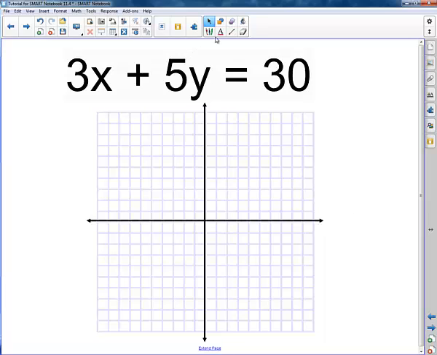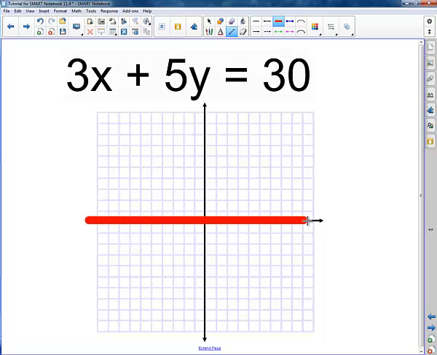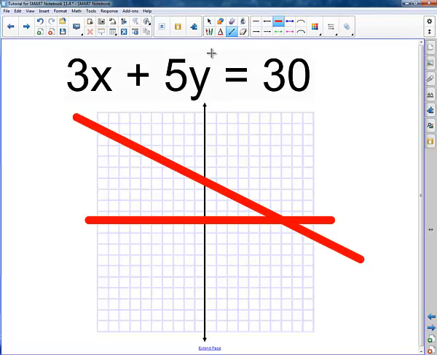Okay, let's get going. When I am looking for the x-intercept, I want to know what coordinate is on the x-axis. Here's the x-axis, it's on this line right here. I'm just going to draw a random line, bam.